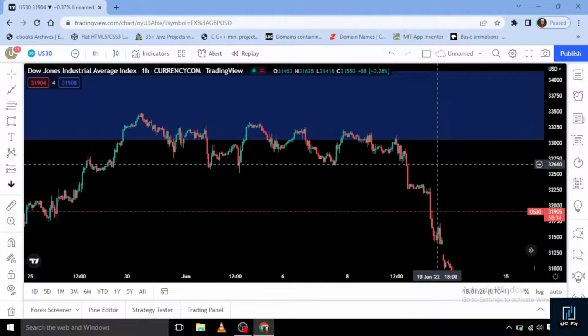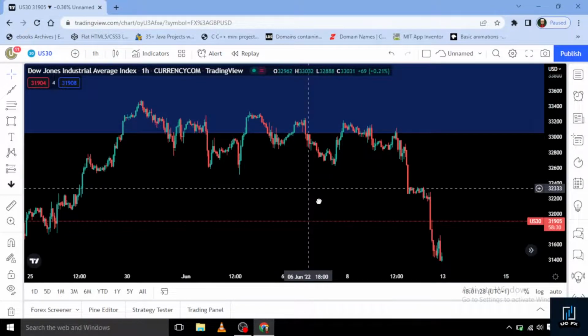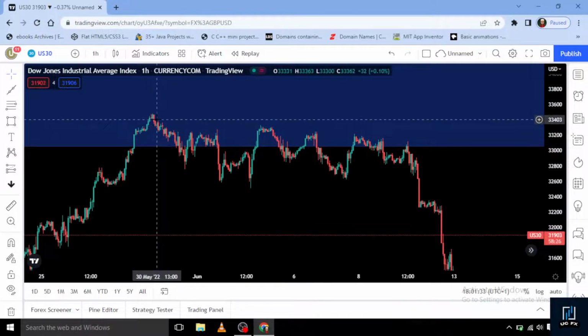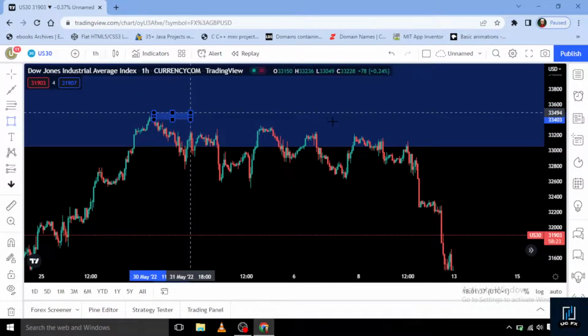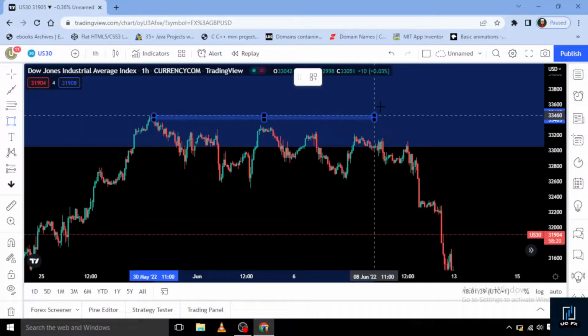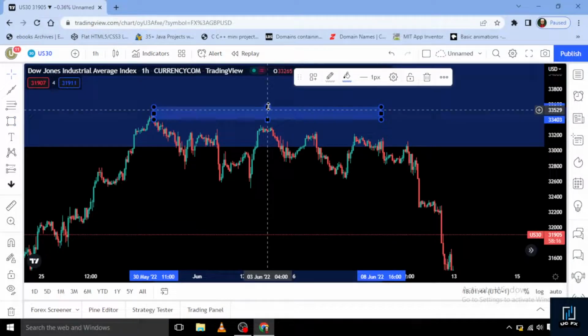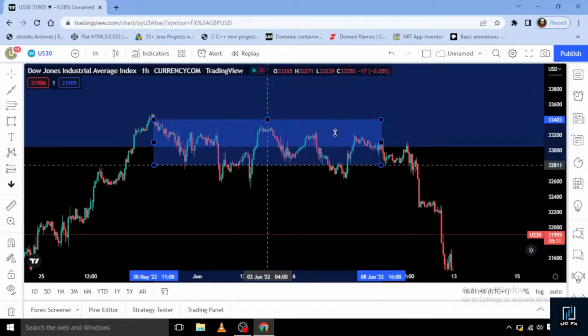So we need to spot out a lower time frame or H1 time frame order block. So you will agree with me that we have a nice order block here. So let's mark that out as well.